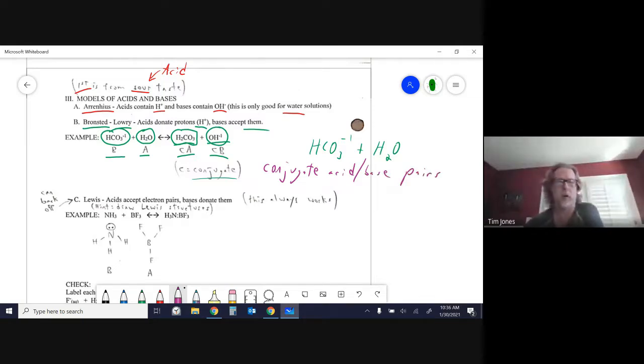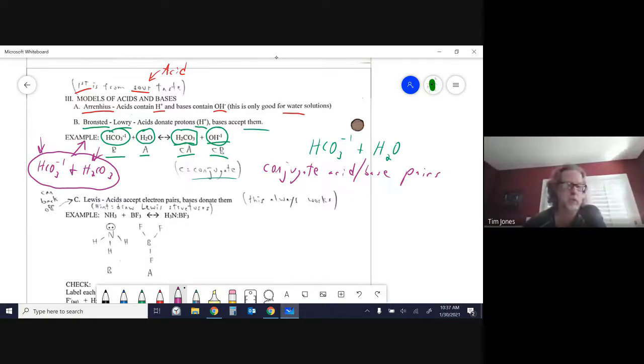So for example, if a problem said, name a conjugate acid base pair in this example right here, you could say that HCO3 minus 1 and its alter ego, that is a conjugate acid base pair in which the first thing is the base and the second thing is the acid. I just have them in the opposite order of the words that I used.